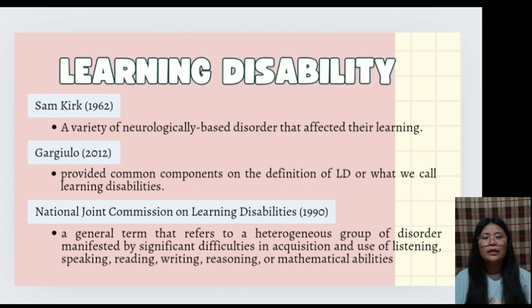According to the National Joint Commission on Learning Disabilities, it is a general term that refers to a heterogeneous group of disorders manifested by significant difficulties in the acquisition and use of listening, speaking, reading, writing, reasoning, or mathematical abilities. These are the disabilities commonly found in children.